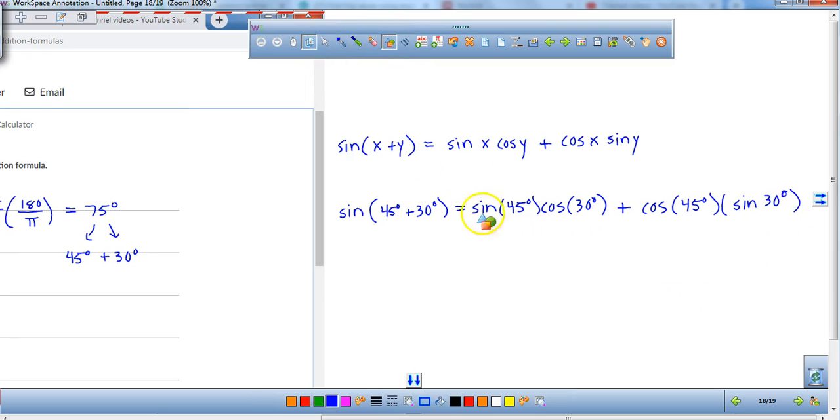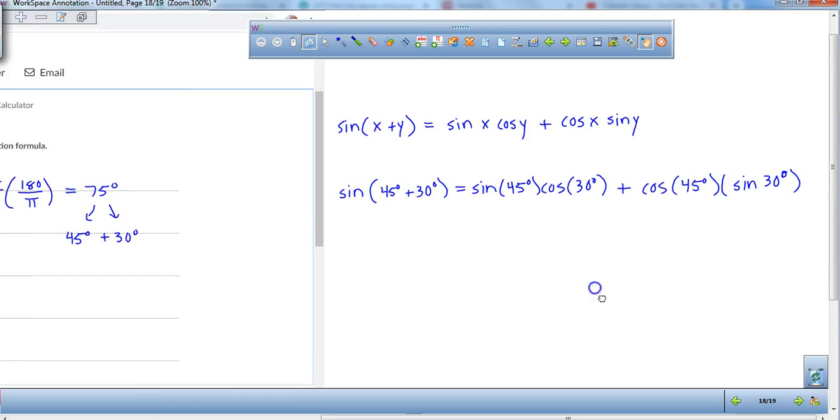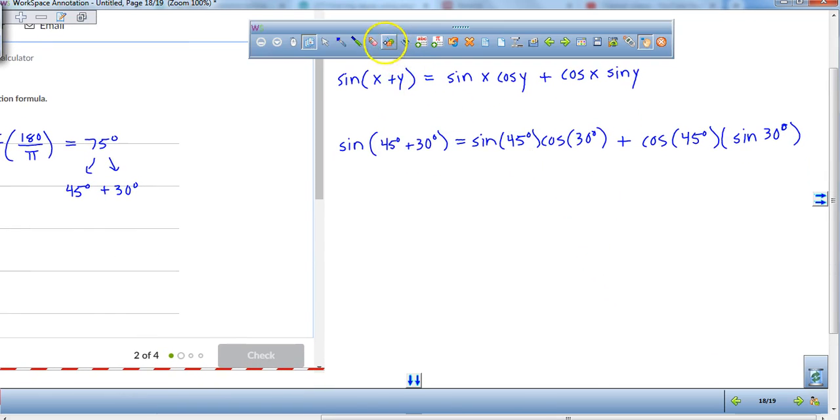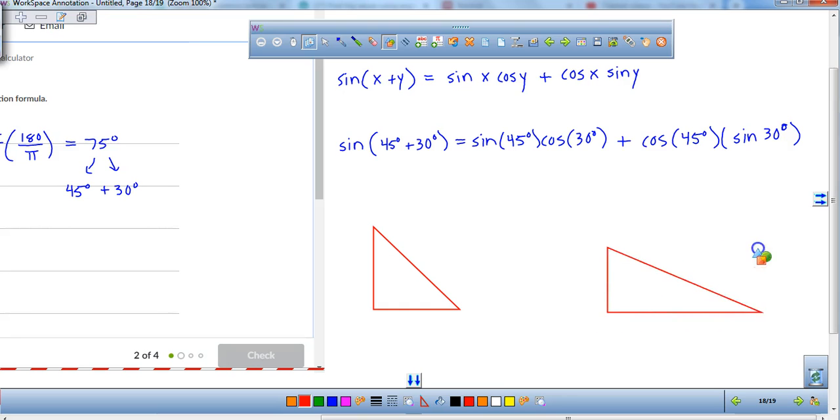Okay, so to make it easy, let's go ahead and build our 30, 60, 90. I already know the sine of 45, the cosine of 45, and all the other ones, but you guys are just kind of learning along with me, so we're going to make a nice 45, 45, 90 triangle. We're going to make a nice 30, 60, 90. So here we go.